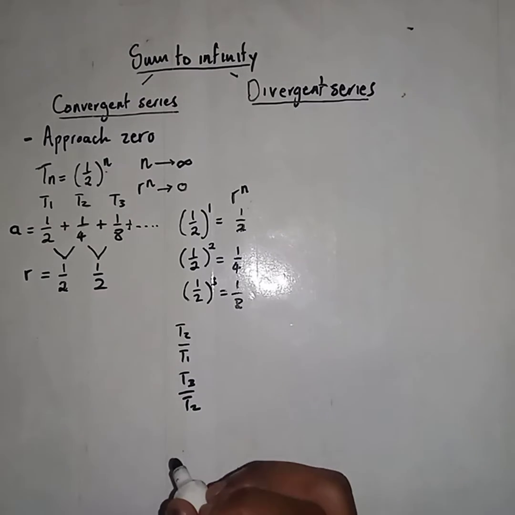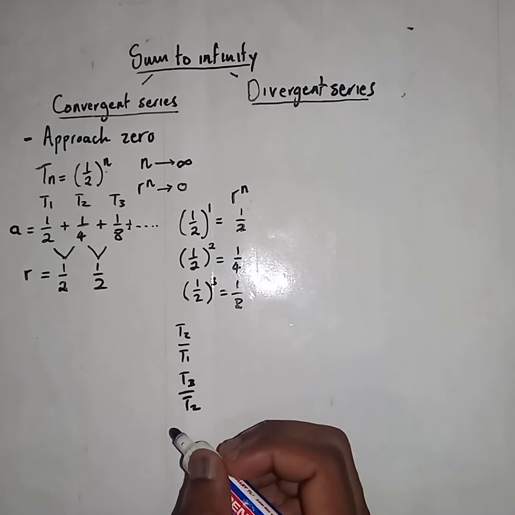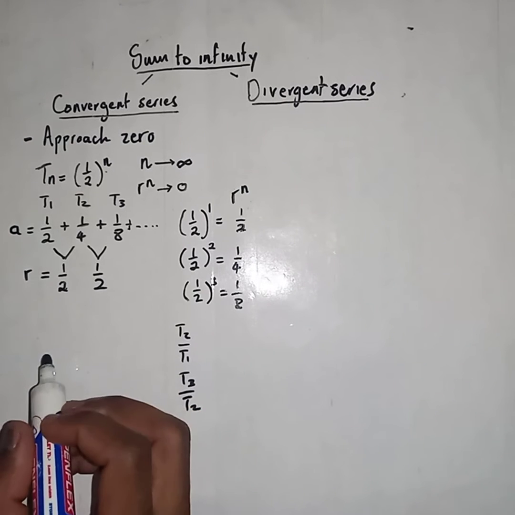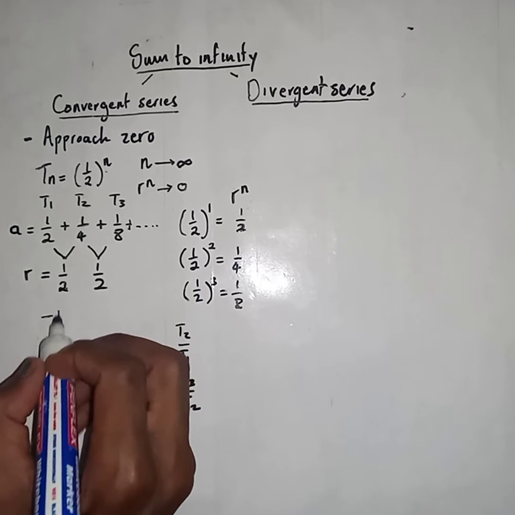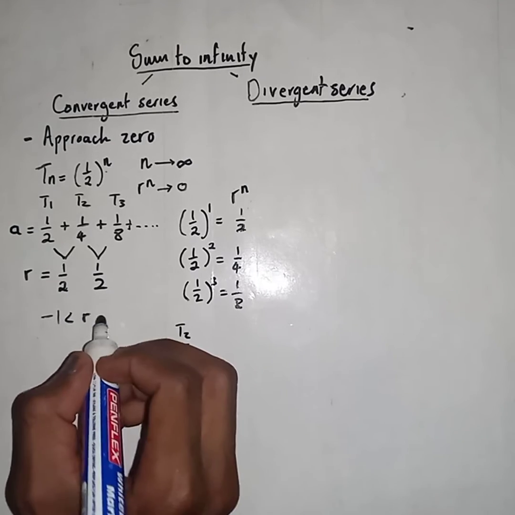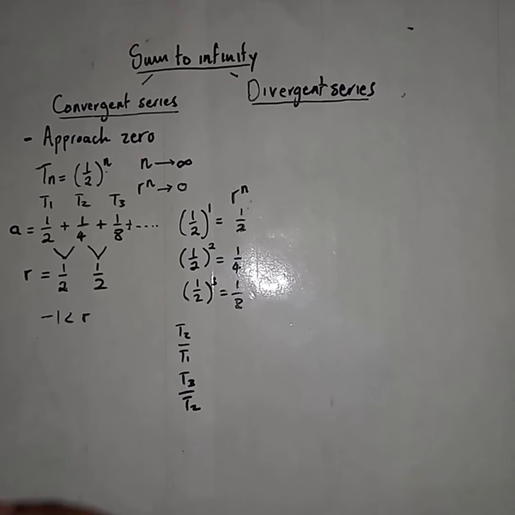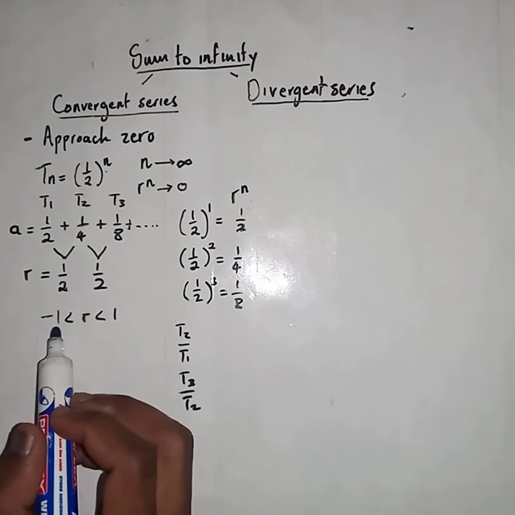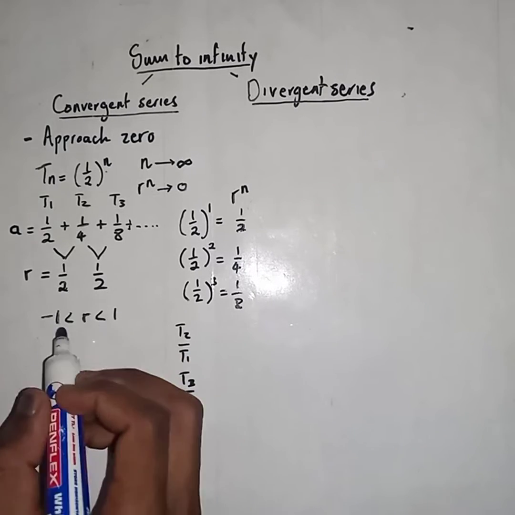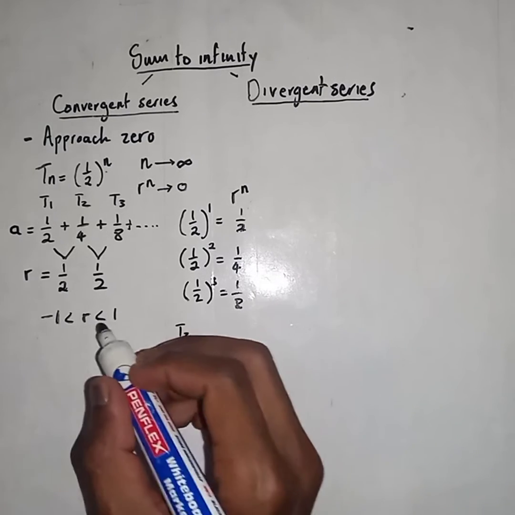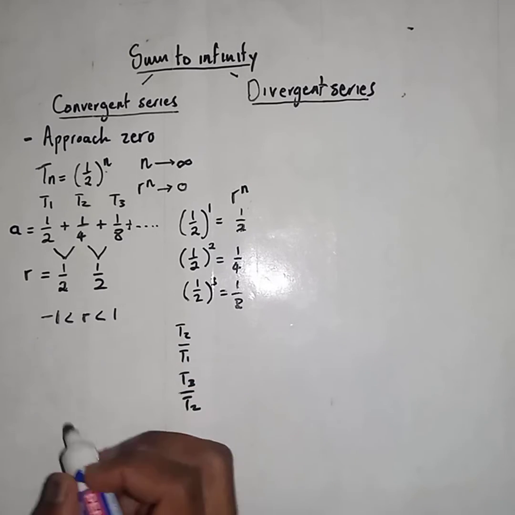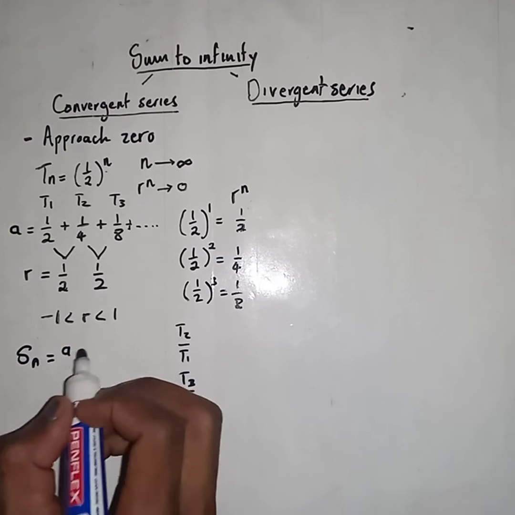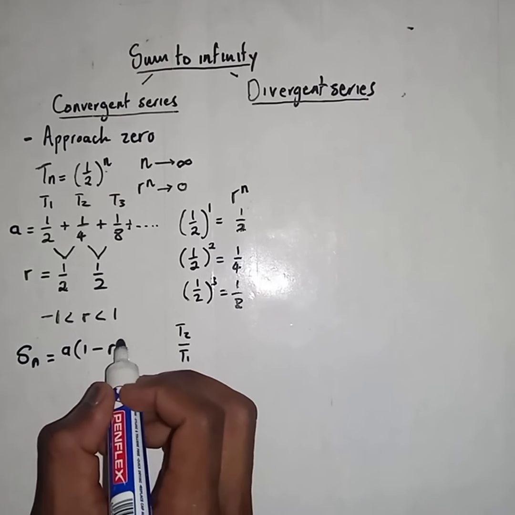One thing that you must bear in mind is that as for the convergent series, the value of r will always be between -1 and 1. It will always be between -1 and 1. And last time we were busy with this formula, the sum for the geometric.